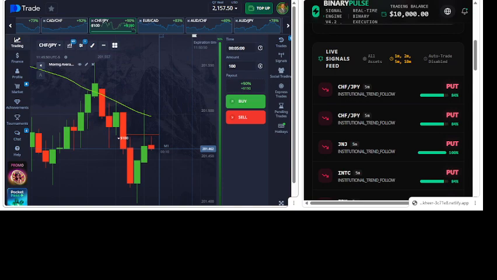Okay, so we have a few seconds left on the Swiss franc JPY trade. Looks like that trade is going to be a winner as well. Let's wait for the expiration.